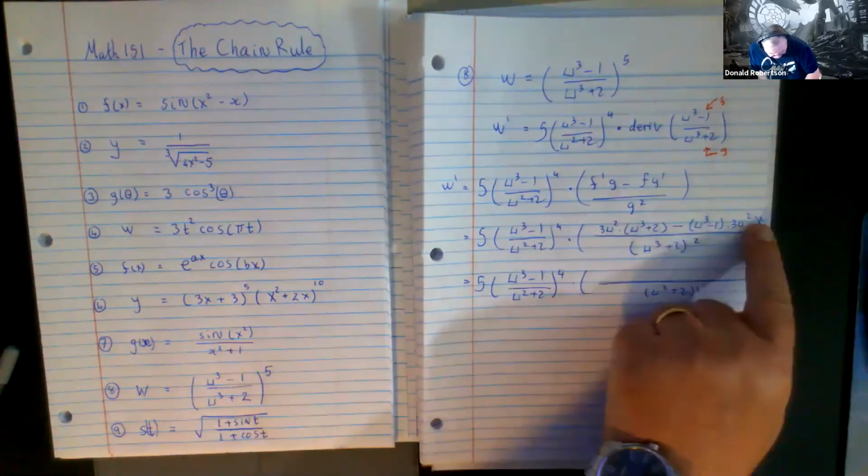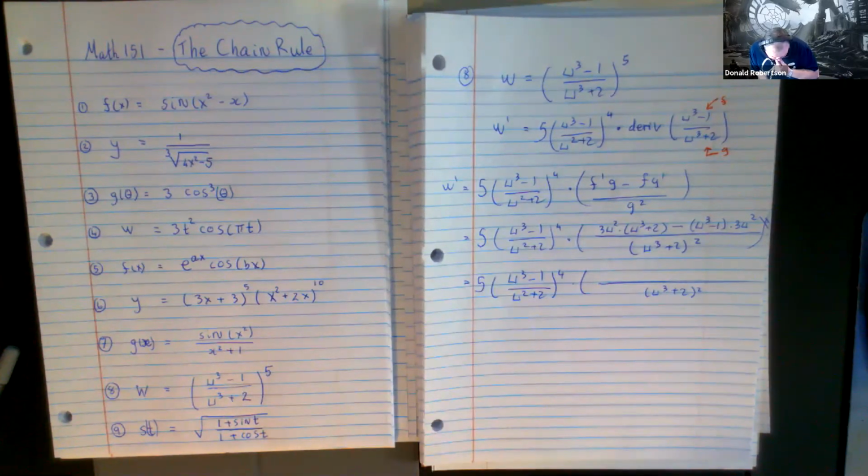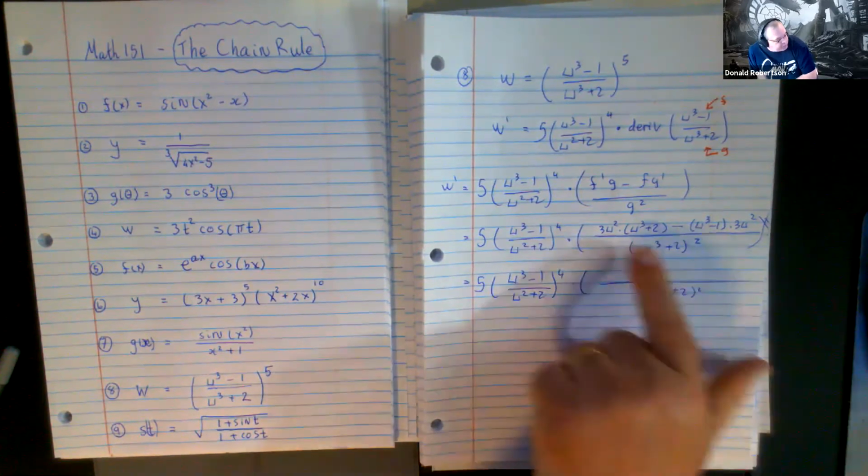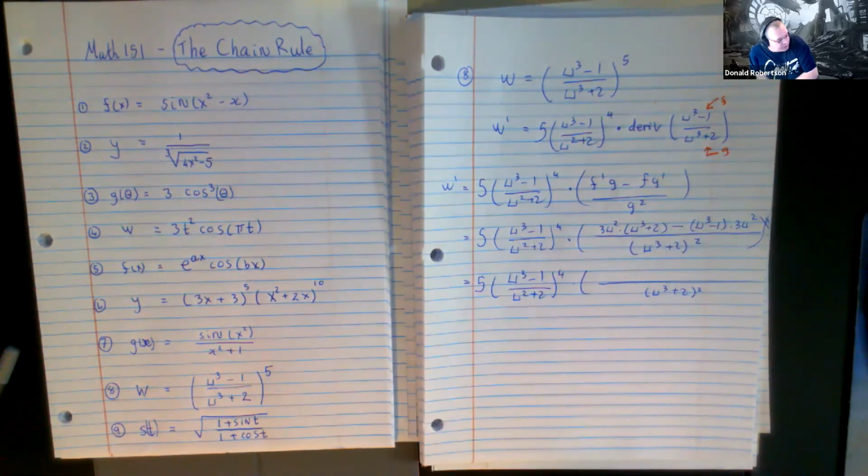Well, I got a whole ugly mess out here. I could pull out a common factor. That may help. Do you think pulling out a common factor here might help, or could I distribute it and collect like terms? That would work. Actually, both will work. So whatever one you feel like.